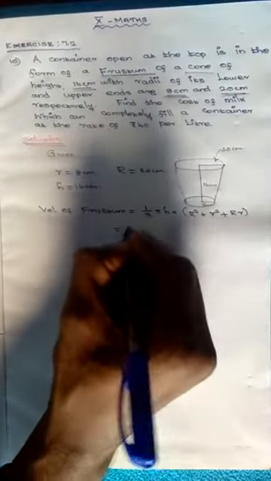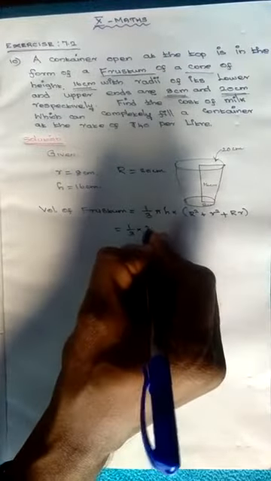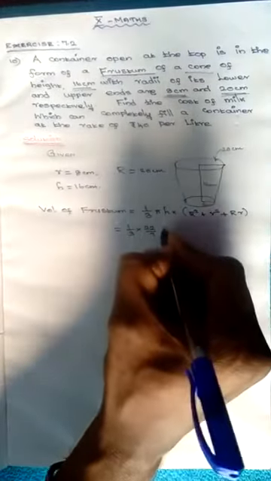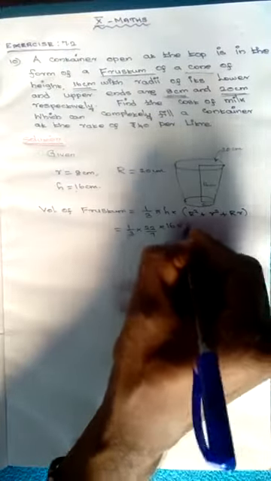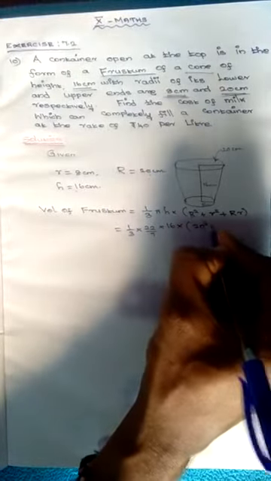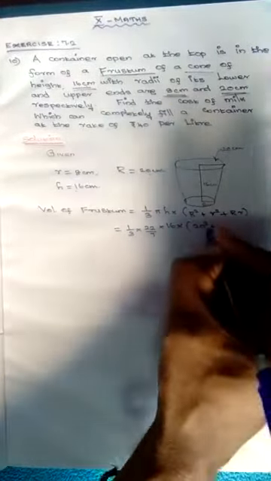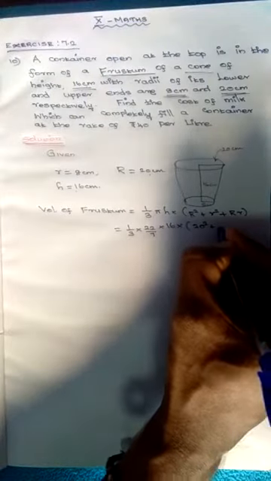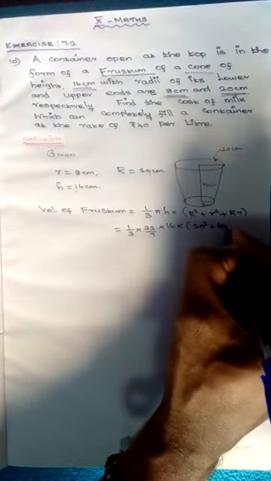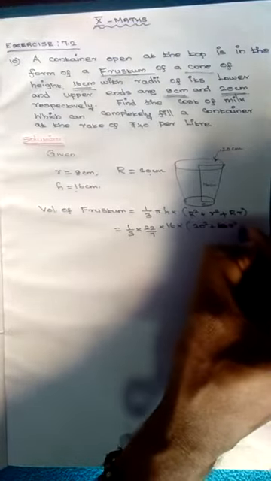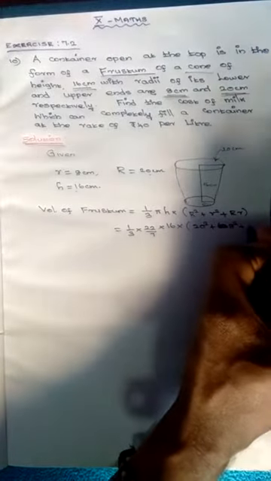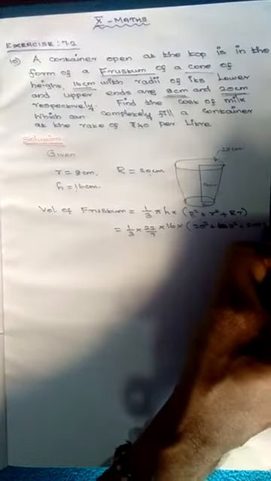So we take pi as 22 by 7, h equal to 16, capital R is 20, so 20 squared, plus small r equal to 8, so 8 squared equal to 64, plus R into r, capital R 20, small r 8.